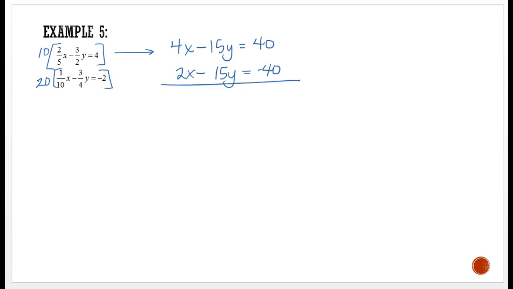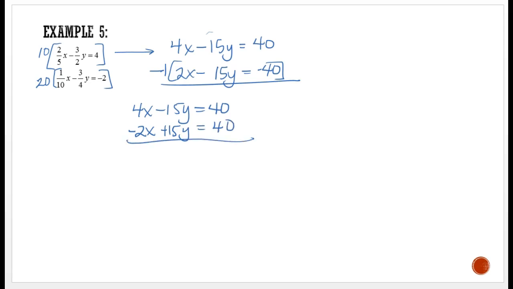Look, we already have a variable that's almost going to eliminate itself, but what do I need to do? I need to get one of these negatives. So I'm going to multiply my second equation right there by negative 1. So I have 4x minus 15y equals 40, and now I have negative 2x plus 15y equals positive 40.